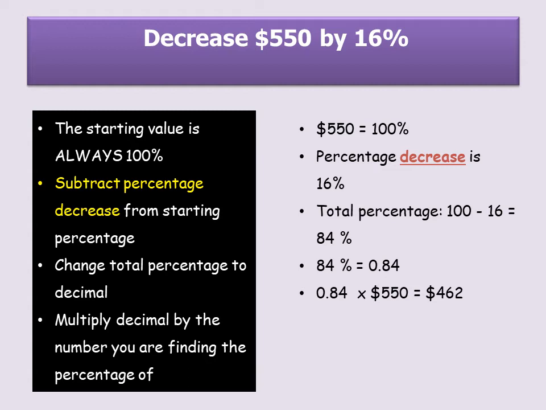With increase, you add the percentage to the starting 100. And for decrease, you subtract the percentage from the starting percent. All right? Now let's go and try some real examples.